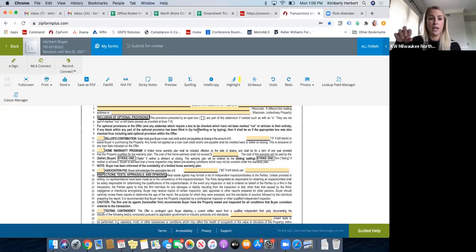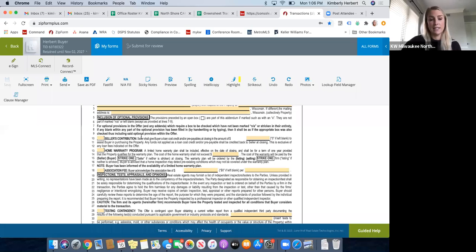So this happened to an agent. They received an offer that did not have a checkbox by inspection contingency, but it did have one of the boxes filled in to say a number of days, basically saying there was a 15-day inspection contingency. The listing agent interpreted it as, okay, there's no checkbox here, so therefore this contingency is not included.